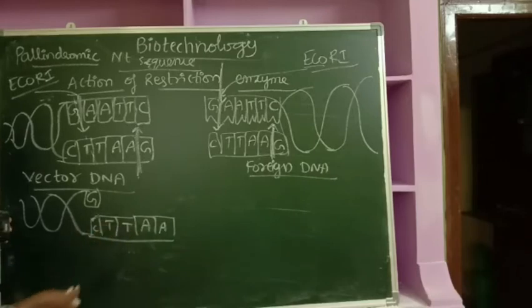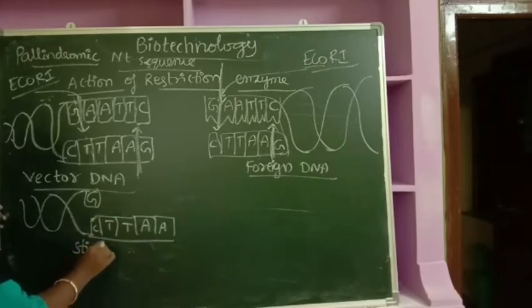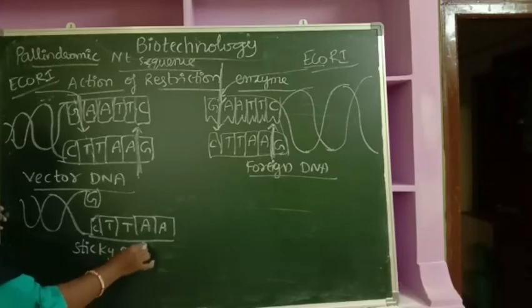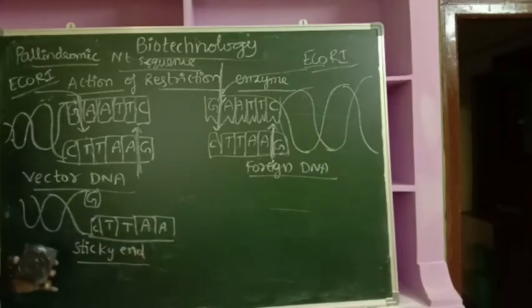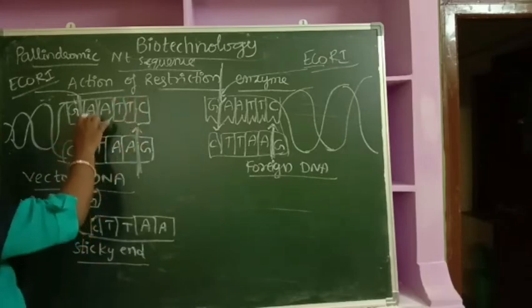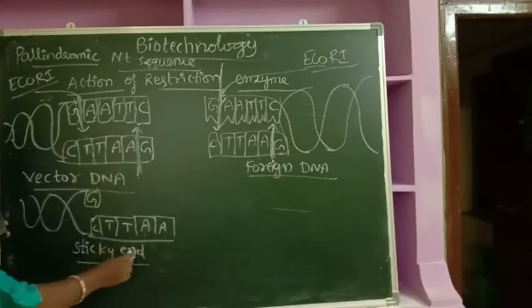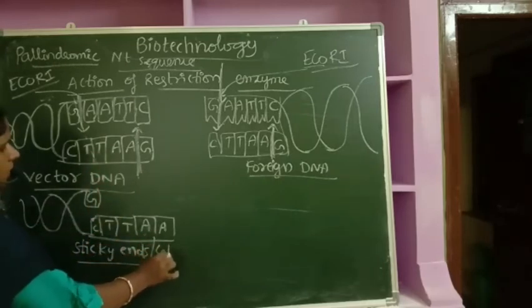Unpaired bases are there, overhanging stretches are there, and they are called sticky ends or cohesive ends. So this is nothing but sticky ends, overhanging stretches present as a result of a staggered cut. Between G and A the cut is made and this fragment is removed. This is left as unpaired bases, and they are called sticky ends or cohesive ends.